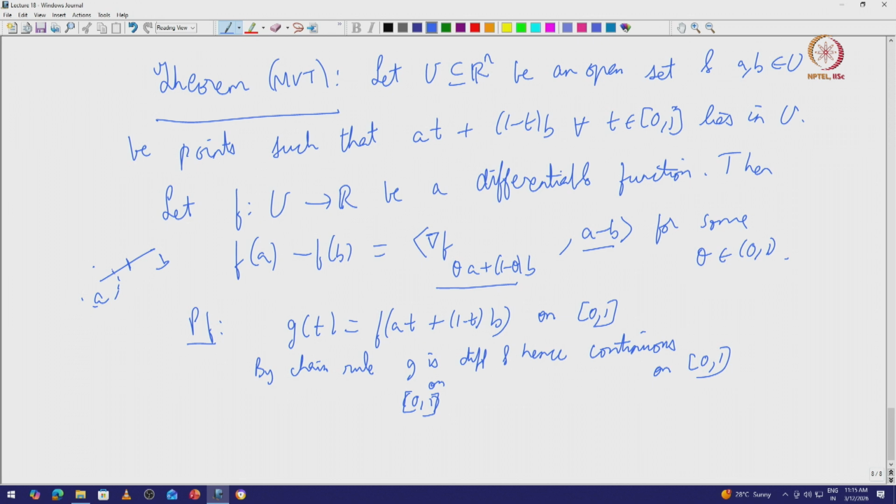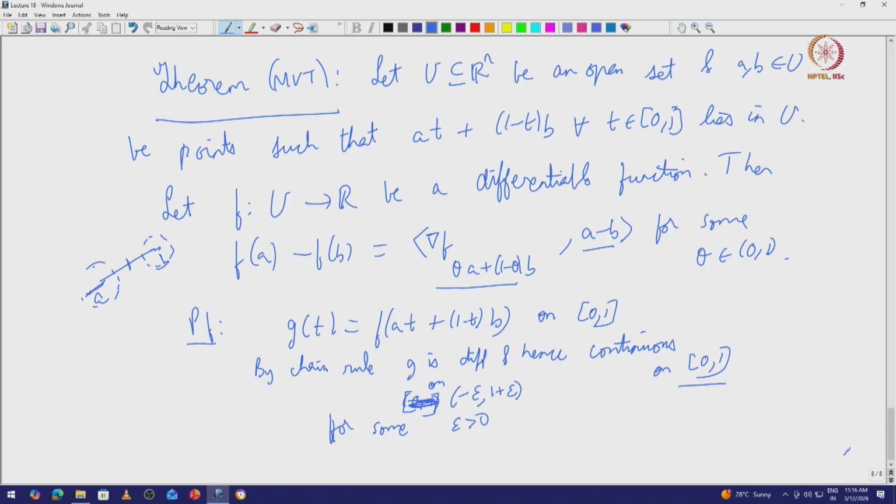So there is a small ball around A, small ball around B. So you can extend this line segment a little bit beyond A and B. So in fact, we can say it's differentiable on (minus epsilon, 1 plus epsilon) for some epsilon positive. Yeah? And it's continuous on this. Why is it continuous? Because it's differentiable.